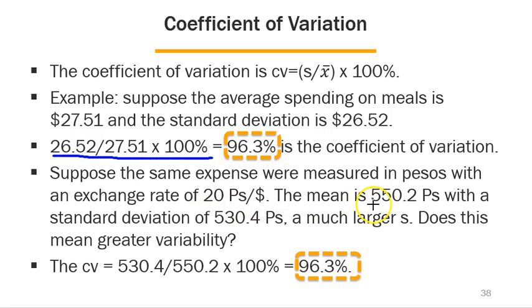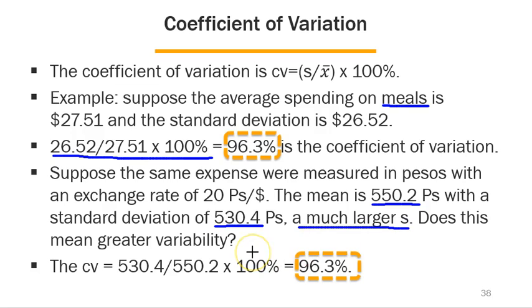And let's suppose it's 20 pesos to the dollar. Well, in this case, the mean is going to be much larger. The average meal costs 550.2 pesos. We're supposing these are meals, but it's just any example you like. And the standard deviation is 530.4 pesos. So based on what I've said before, you have a much larger standard deviation.